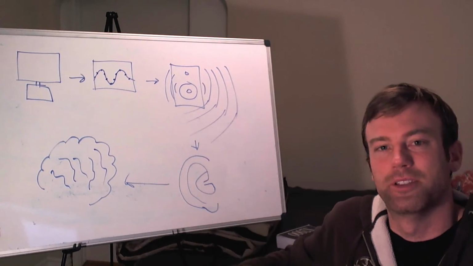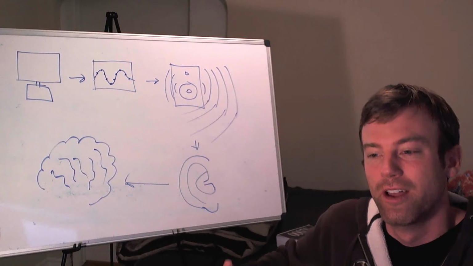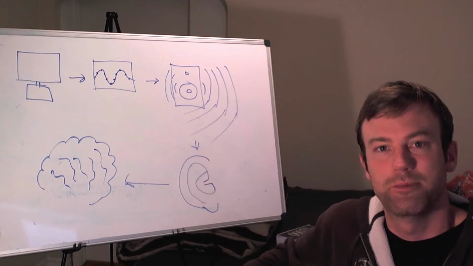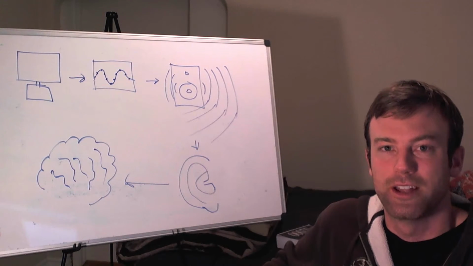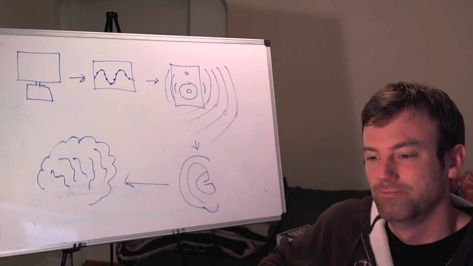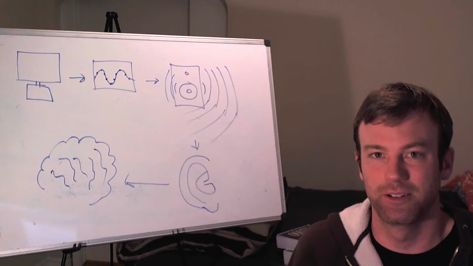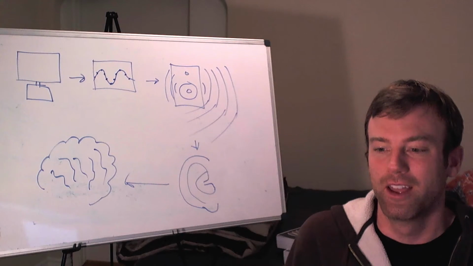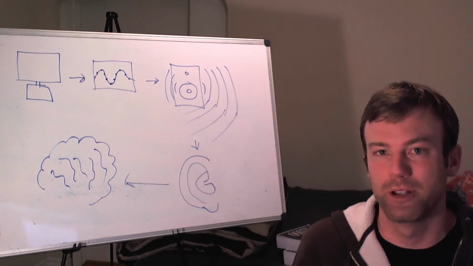The next step is that electrical signal is going to go through an amplifier and ultimately to your speaker, and the speaker is going to vibrate, and it's going to try and reproduce that signal as a pressure wave. And the speaker is not going to be able to reproduce that signal completely accurately, and the speaker itself is going to have some frequency response associated with it.